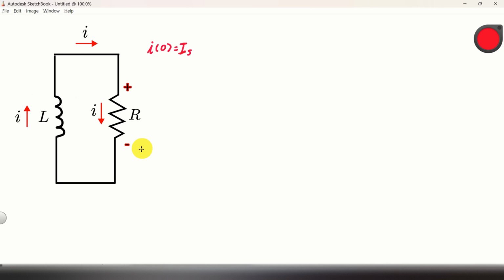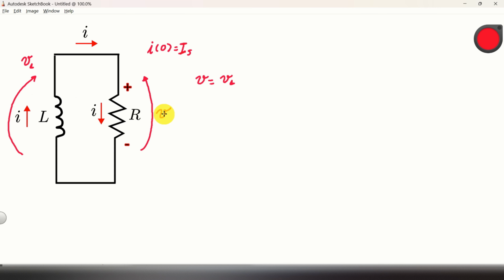For that purpose, let us denote the voltage between the terminals of the resistor by V, and let us denote the voltage across the terminals of our inductor as VL. Obviously, we have that V is equal to VL, or we can use Kirchhoff's law to obtain this equation.